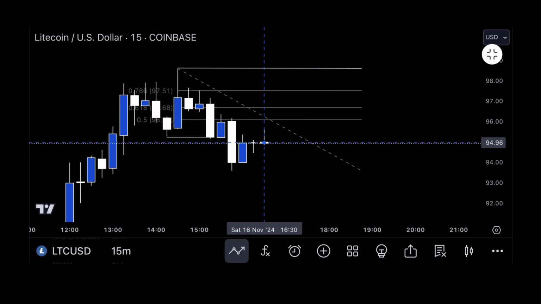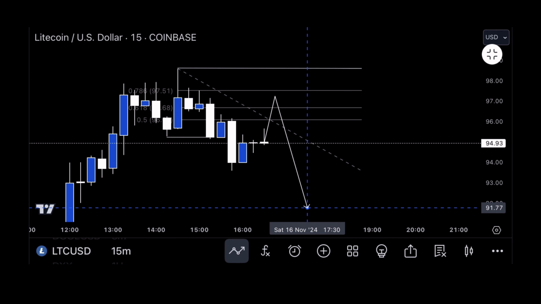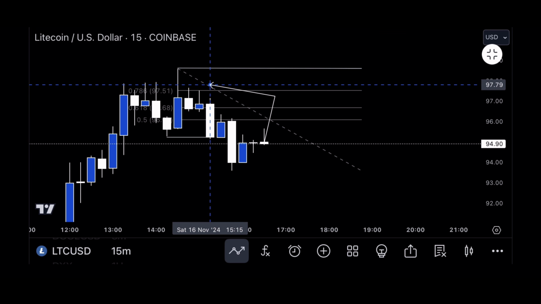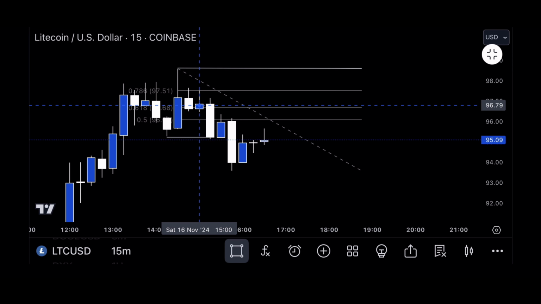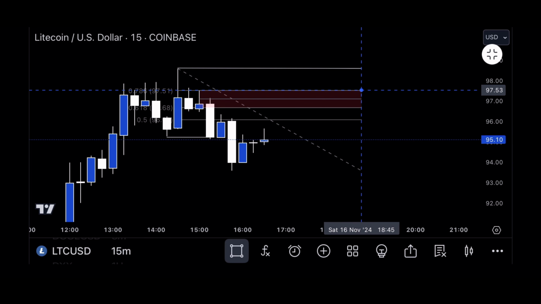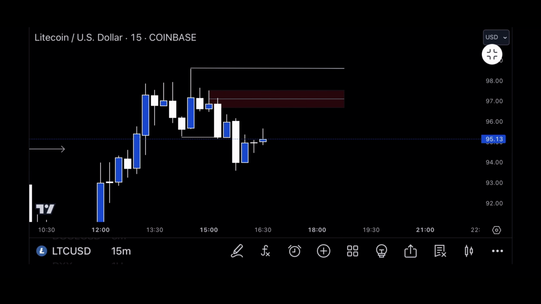It also helps find liquidity for my own understanding. So I'm expecting this to happen so we can join the ride. I marked out my 78 area. I marked it down. Delete my fib.